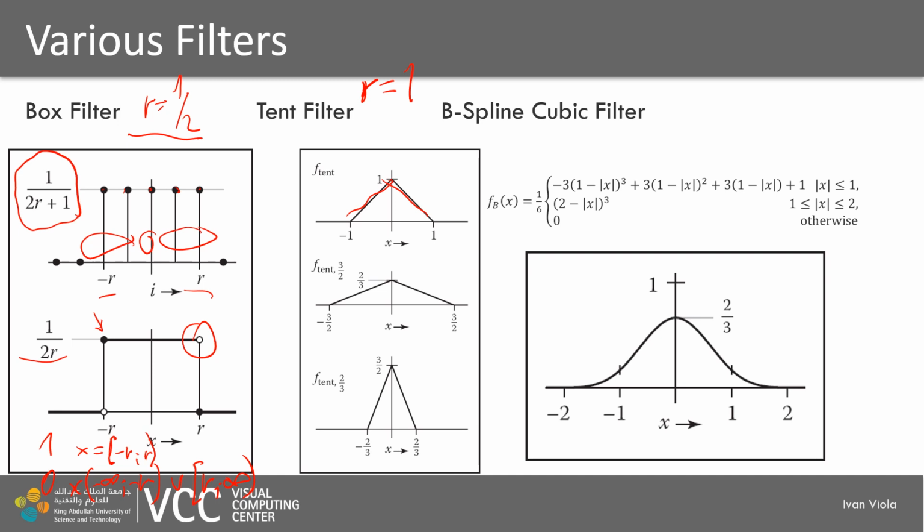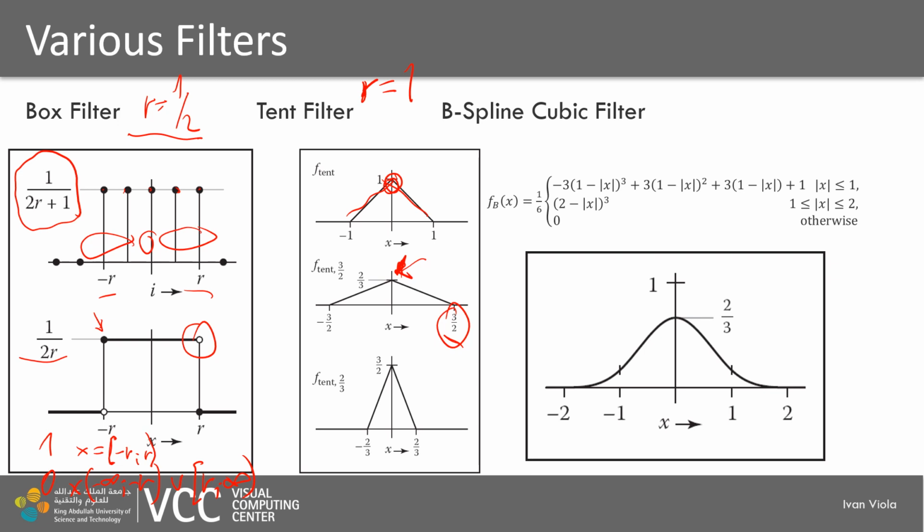The tent filter, if the radius is 1, will have the value 1 at its central location, which will not be the case for different radii of a tent filter. So if we have a radius of 1.5, then the maximal value of our tent filter will be 2/3.